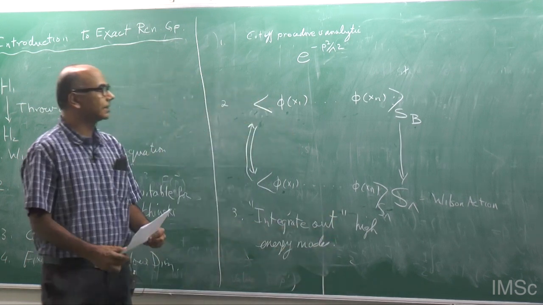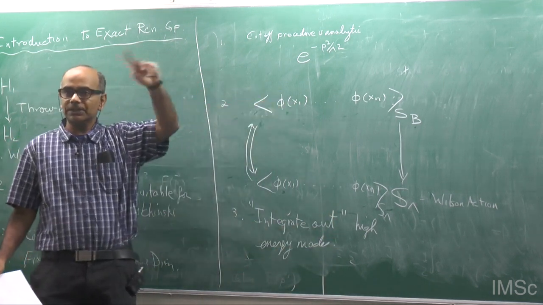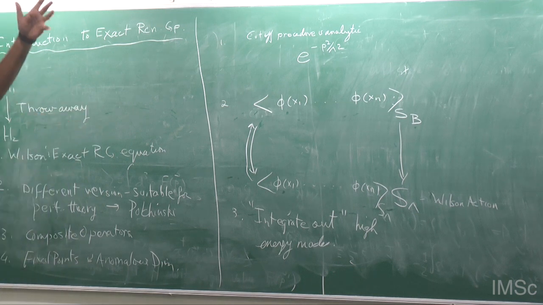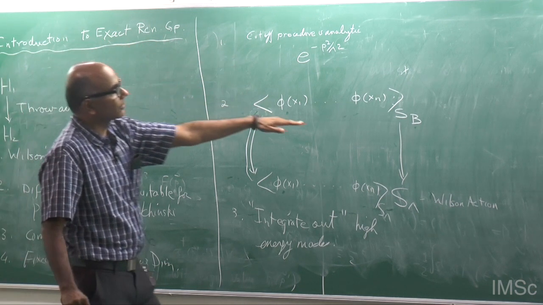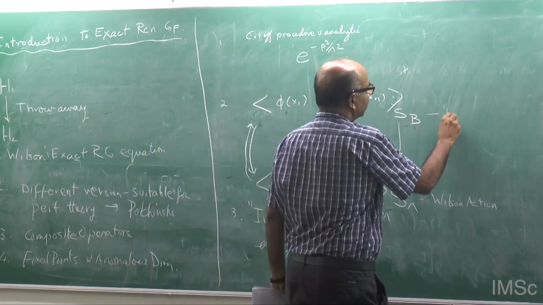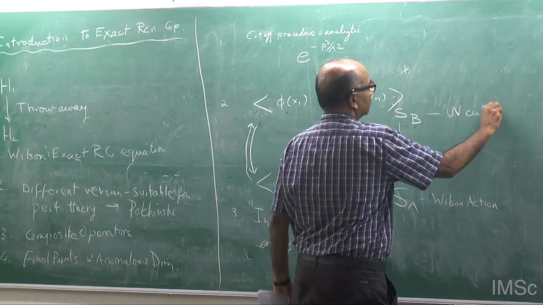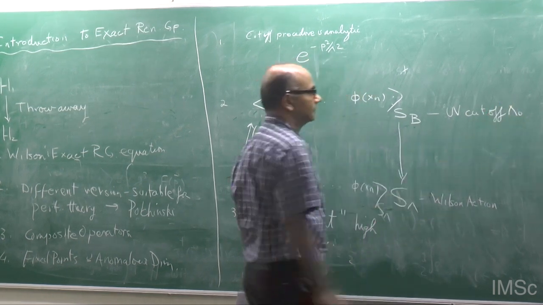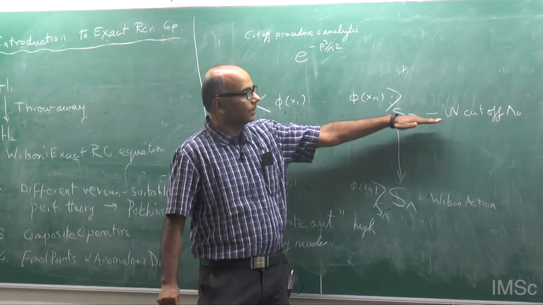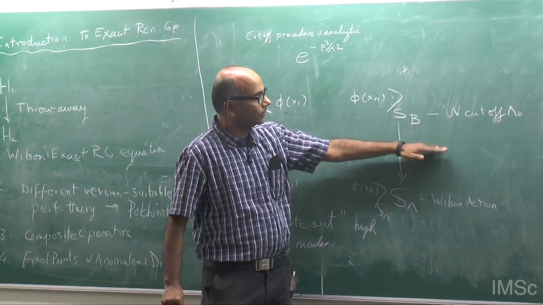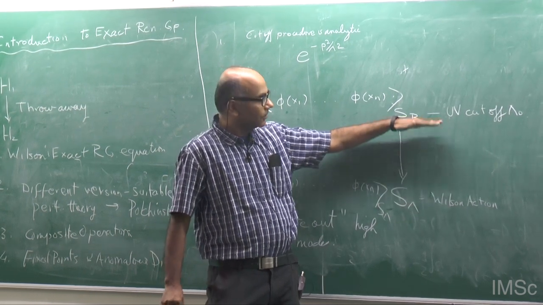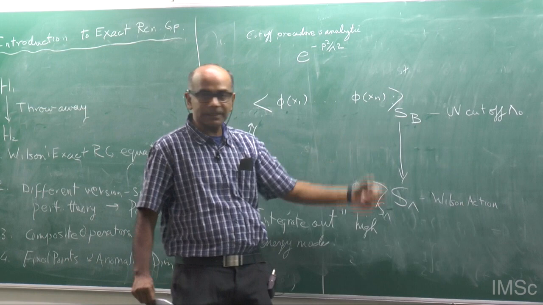So if you're working in momentum space, your scalar field has modes with all momenta ranging from 0 to essentially infinity. Of course, your bare theory, let us say, is defined with some UV cutoff. So I'll put a UV cutoff here. And then what I'm going to do is I'm going to integrate out modes from lambda naught to some distance here, and look at the action at lower energies. So this is one way of going from S_B to S lambda.